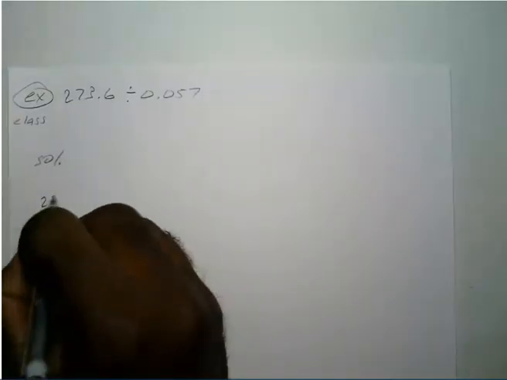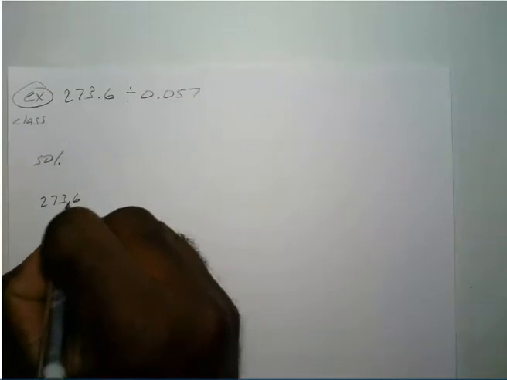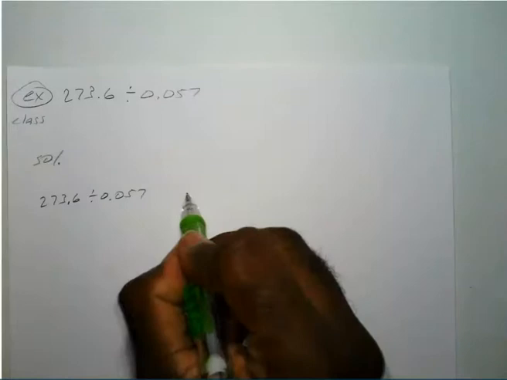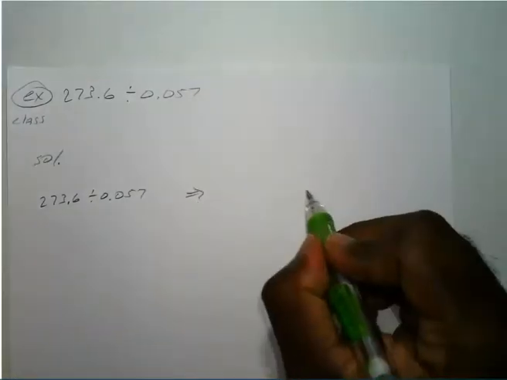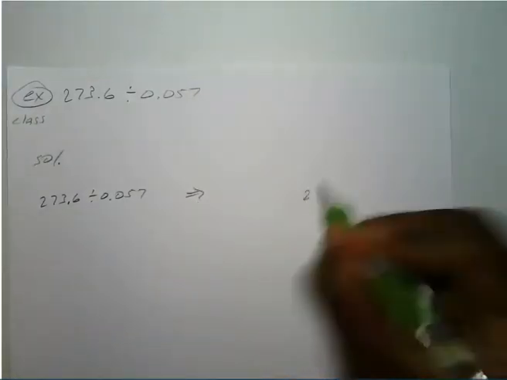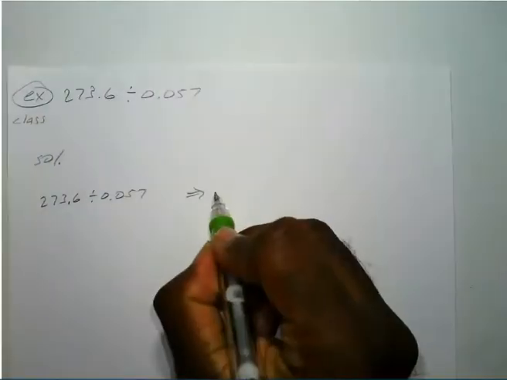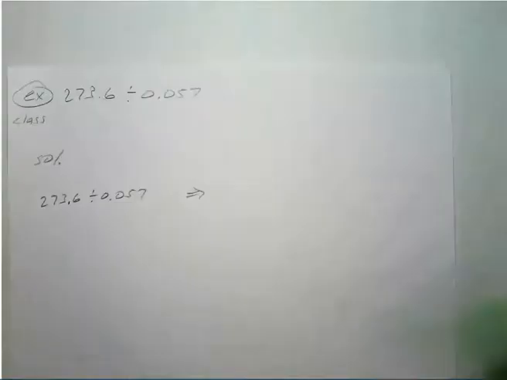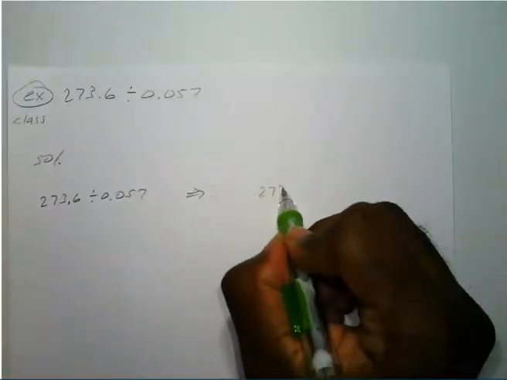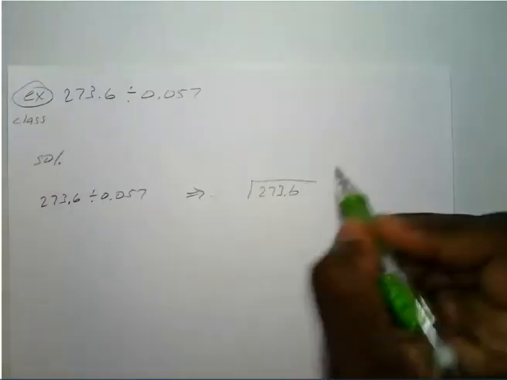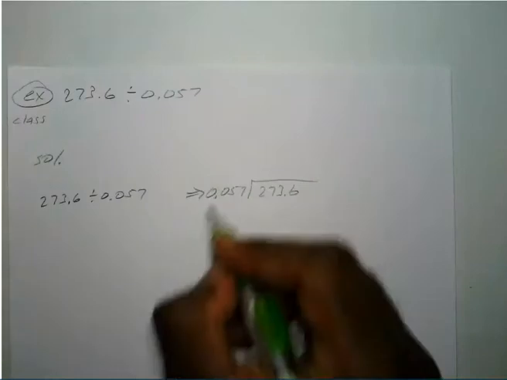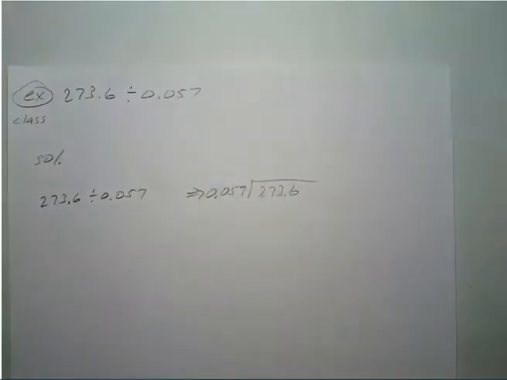Okay, so you have 273.6 divided by 0.057. We rewrite it using the brackets. 273.6 divided by 0.057.